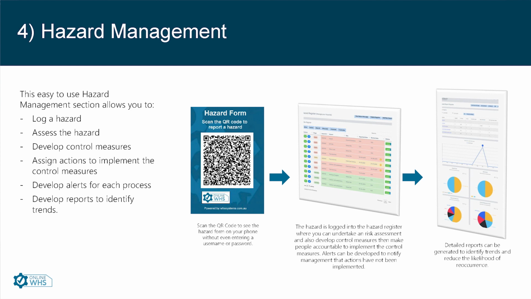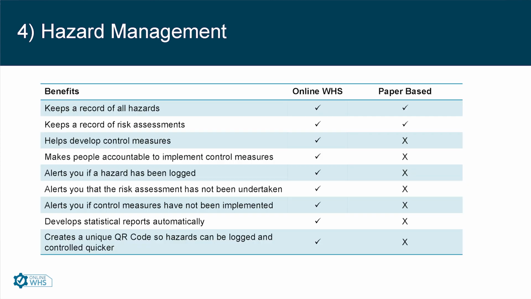So what you're trying to do is reduce the likelihood of an incident. By doing that, you're reducing your incidents. A lot of people don't think of it that way, whereas they should. It's one of the most important registers inside the system.